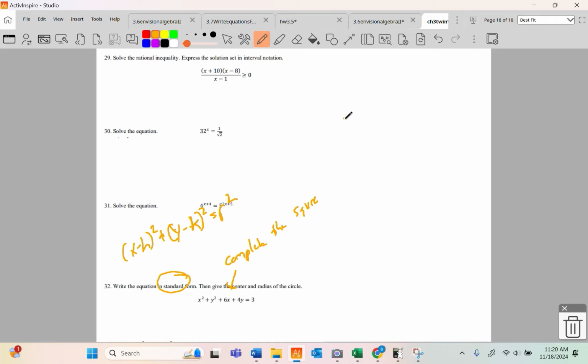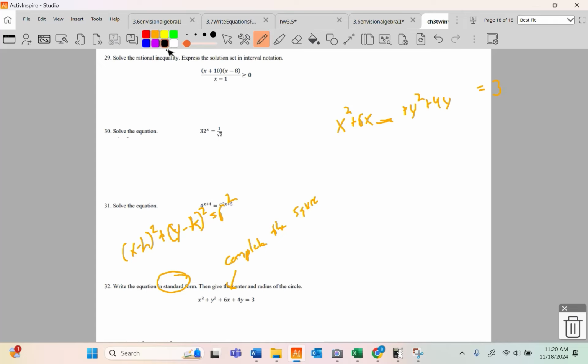So I am going to group my x's. I'm going to leave some space. I'm going to group my y's. And I'm already fortunate enough that there's a 3 on the right-hand side because it just needs to stay there.